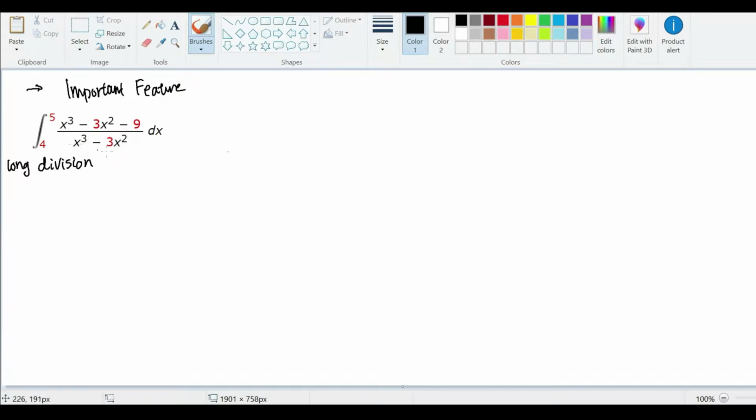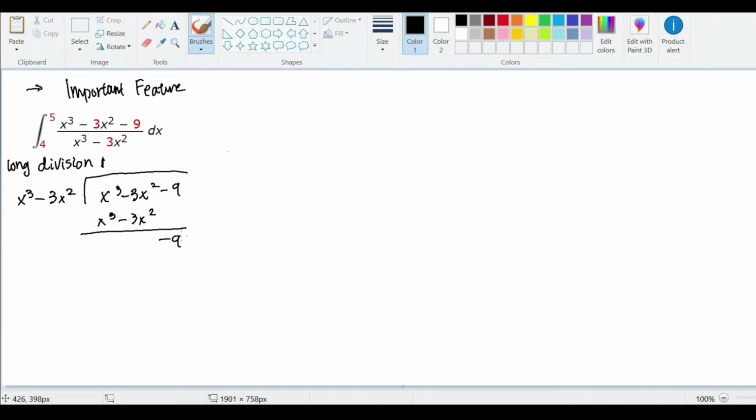Because x to the third minus 3x squared is at the bottom, it will be here. X to the third minus 3x squared minus 9, like that. And then literally, as if you do numerical division, x to the third minus 3x squared goes in once here, right? So I put 1, and it will be x to the third minus 3x squared, and the leftover is 9.